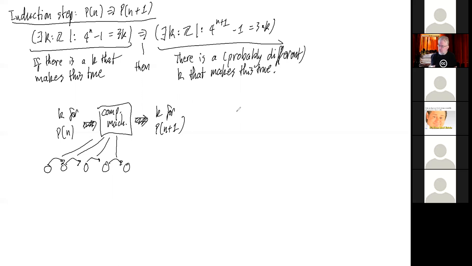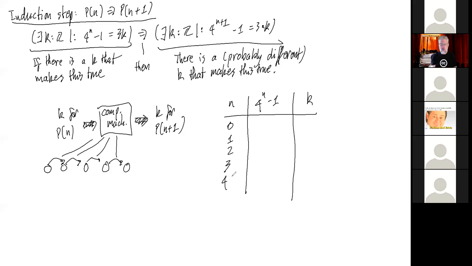And so as a way to think about that in this example, if we make a little table, so let's say 0, 1, 2, 3, 4.